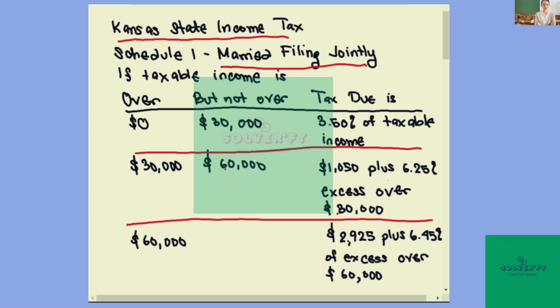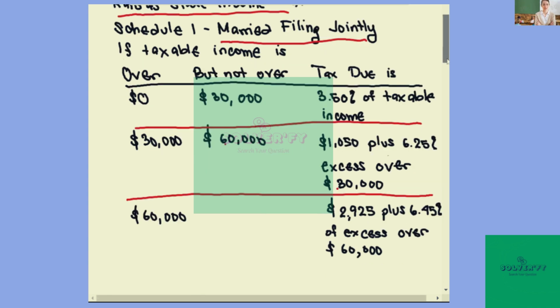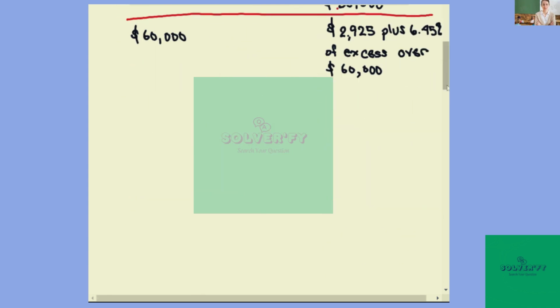We're going to call that tax function T, T of x. This T of x would be in three categories. One, where the income is between 0 and 30,000.